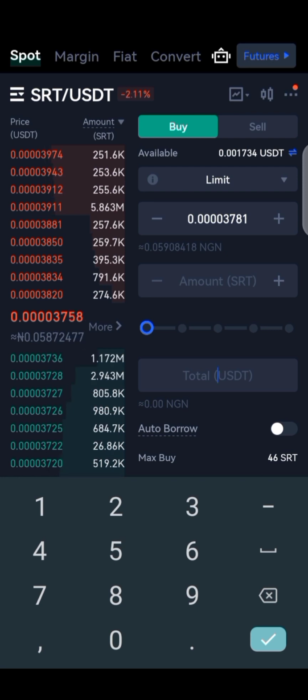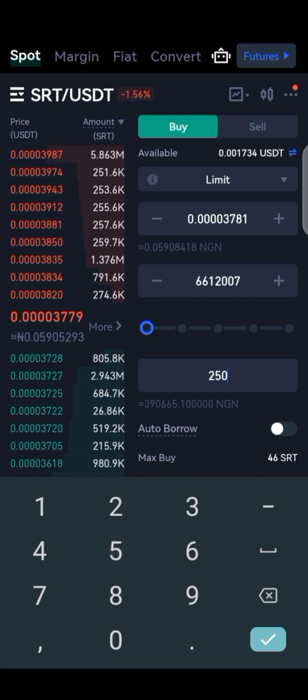If we were using a network like BEP20 or Solana, you would have used like 50 or 30 USDT for it. So it depends on the network address you are operating on. Since we are operating on the Ethereum network, we need to use high capital so as to secure some profit. So let's insert 250.